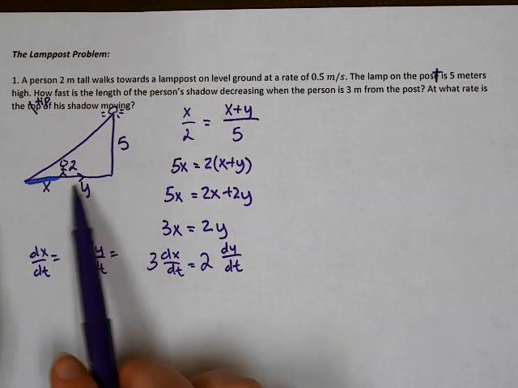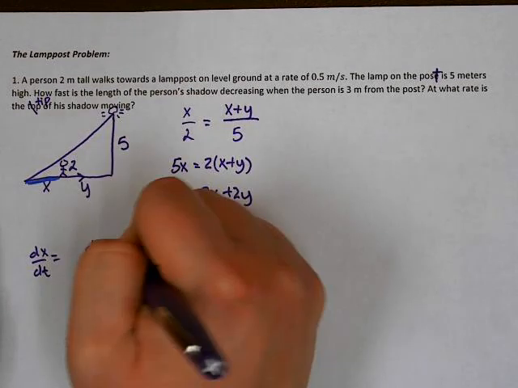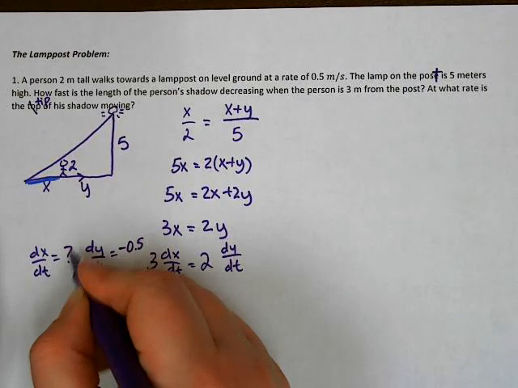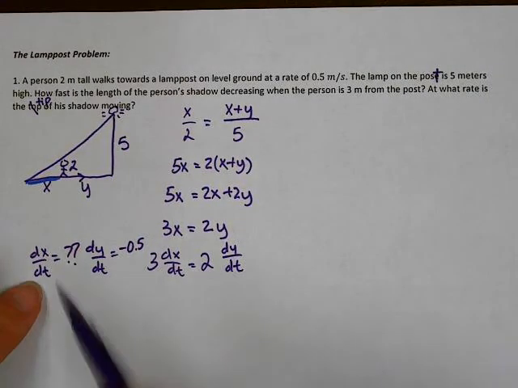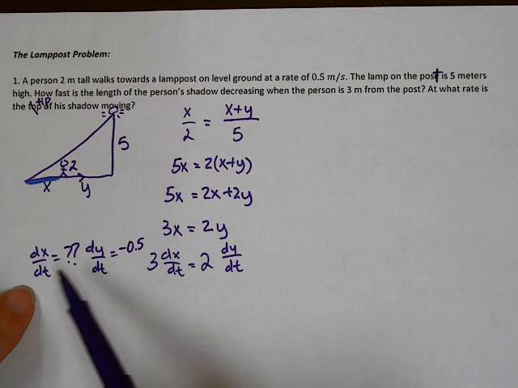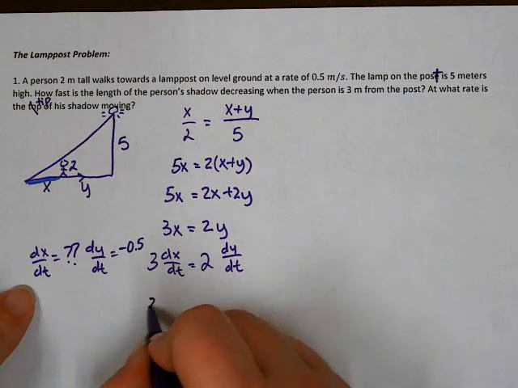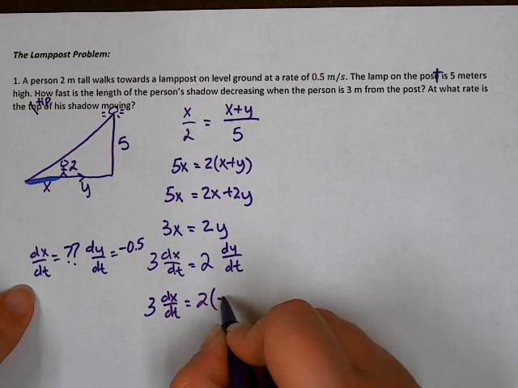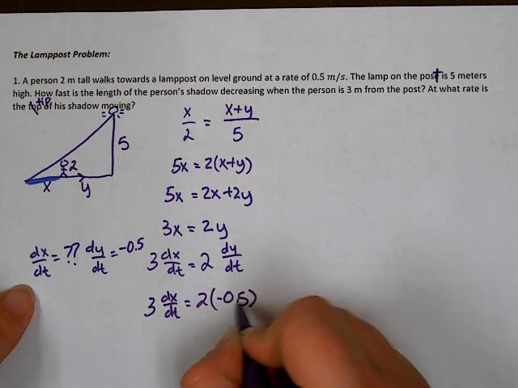So that's going to be our dy/dt, and it's going to be negative. We're looking for the rate at which his shadow is decreasing. That's our dx/dt. So we have 3 times dx/dt is equal to 2 times negative 0.5.